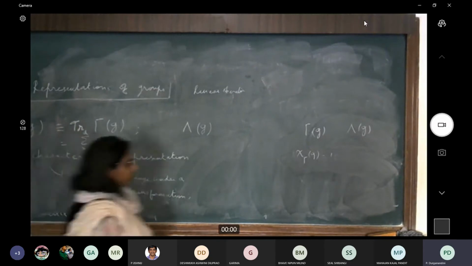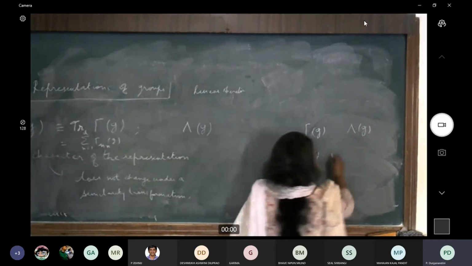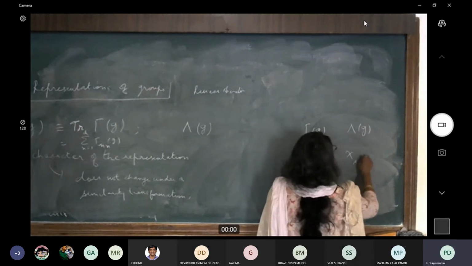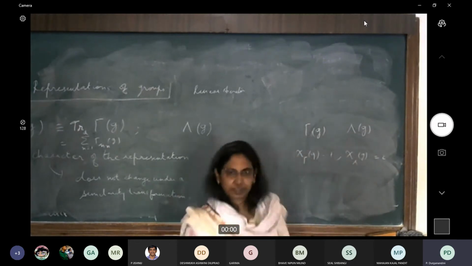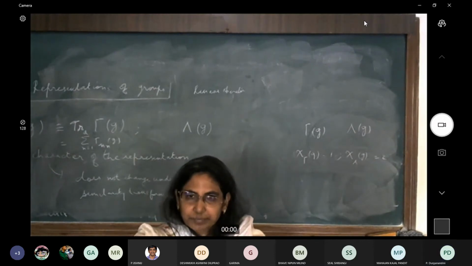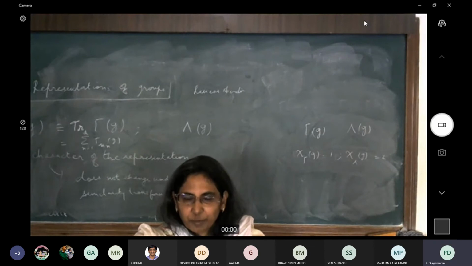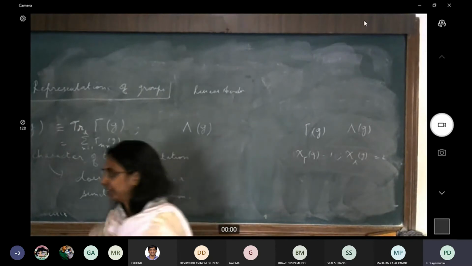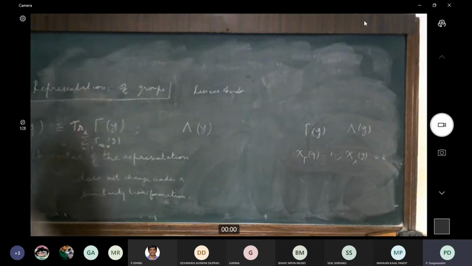Suppose this is some value, say 1, and let us say that chi lambda of G is 2. What can you say immediately about these two representations? Immediately you can say that they must be inequivalent representations, because the characters are different.